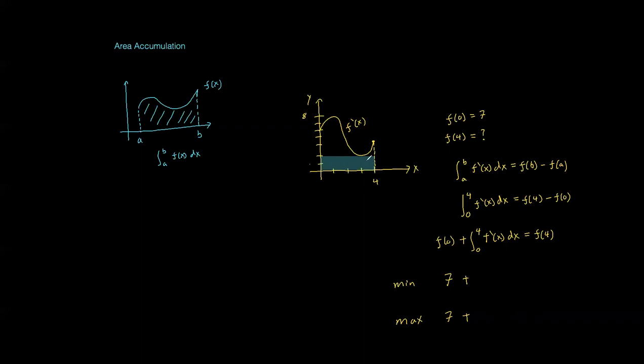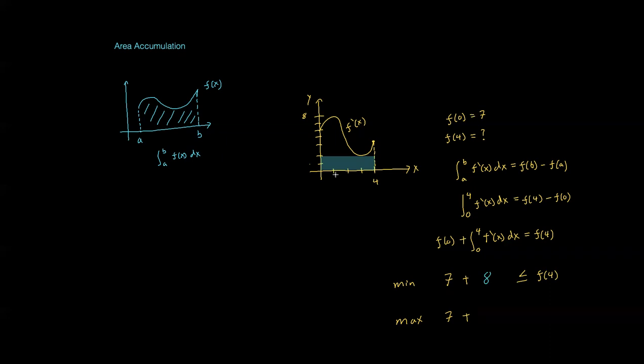This rectangle fits snugly inside the area here. It would be an underestimate because everywhere else is higher, but this would be a minimum, so to speak. So I would say 2 times 4 is 8, and 7 plus 8 is 15. That's my minimum estimate. In fact, I wouldn't say it's equal to; I would say 15 is less than or equal to f of 4.